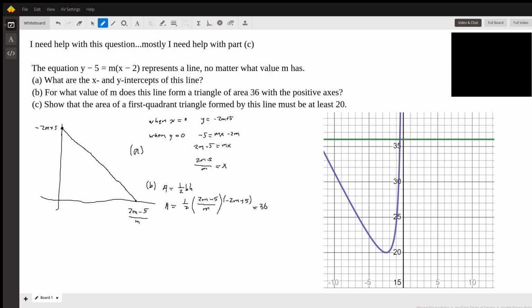And let me just toggle over to the calculator to get you that exact value. It's at that intersection, -1/2, comma 36. So you can't see it here.